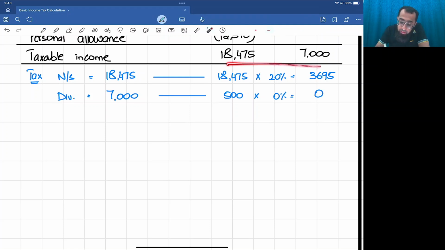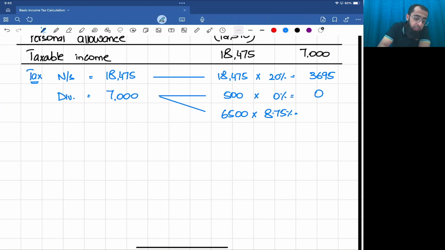Now, obviously, the basic rate band won't end. The basic rate band is still 37,700. So the remaining 6,500 will be going in the basic rate band at 8.75%. So that's 569.